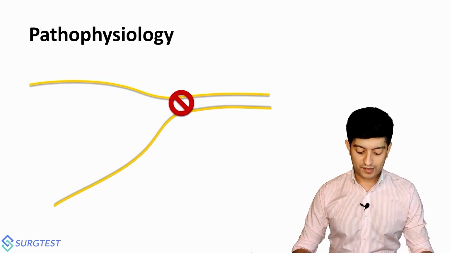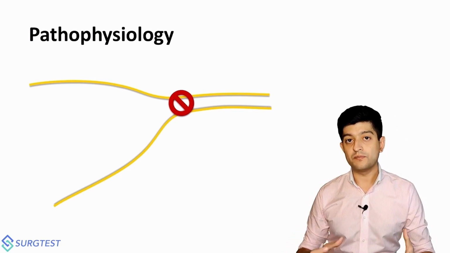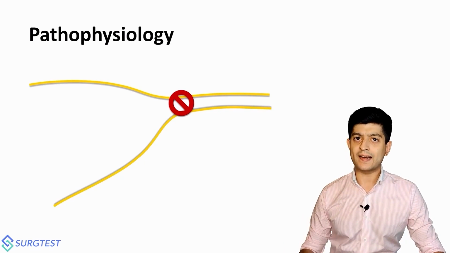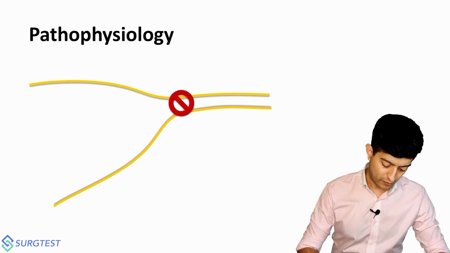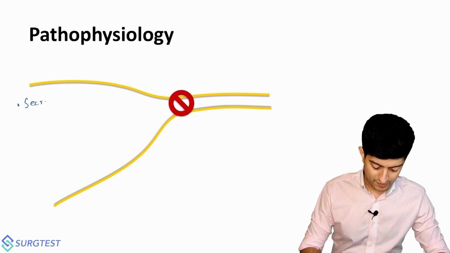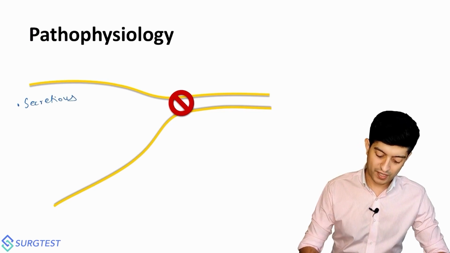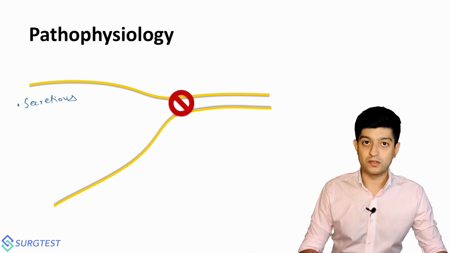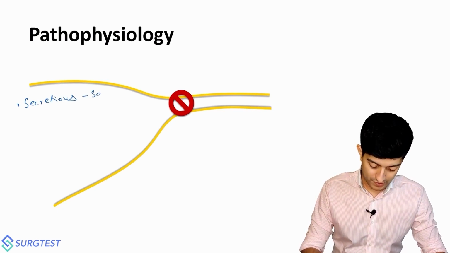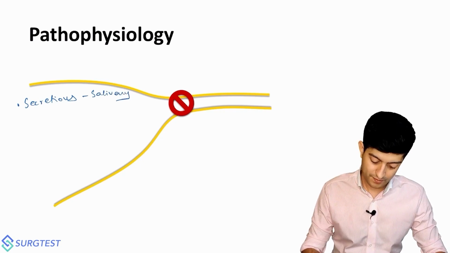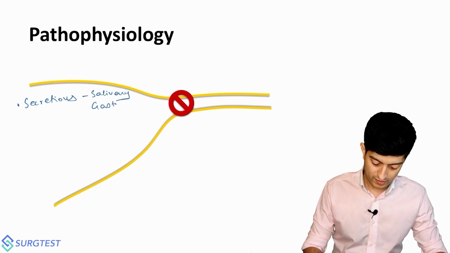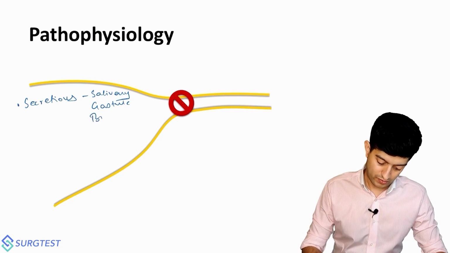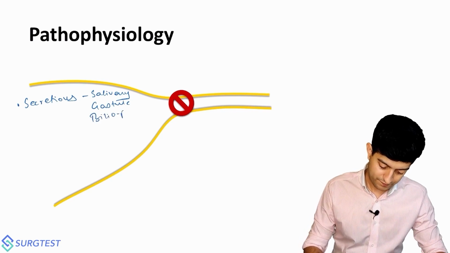Now, the other thing I want to discuss is the cause of the proximal distension. What exactly makes this up? Well, the first thing is the secretions that are normally present within the bowel lumen at all times. These secretions may be salivary, gastric, or biliopancreatic.